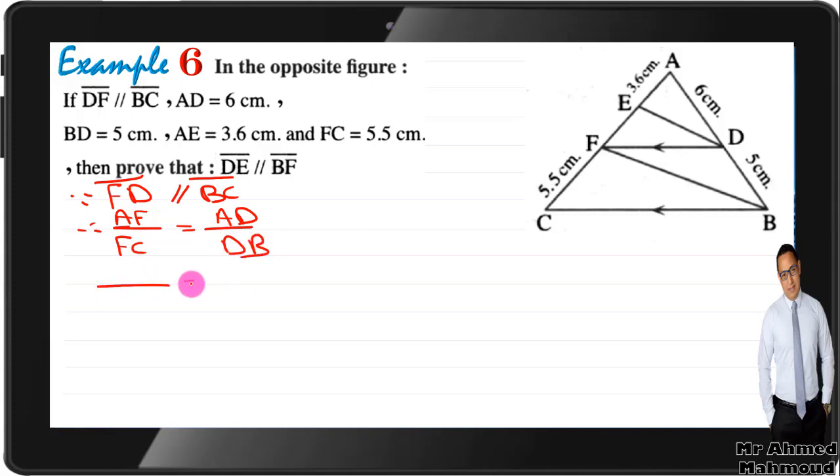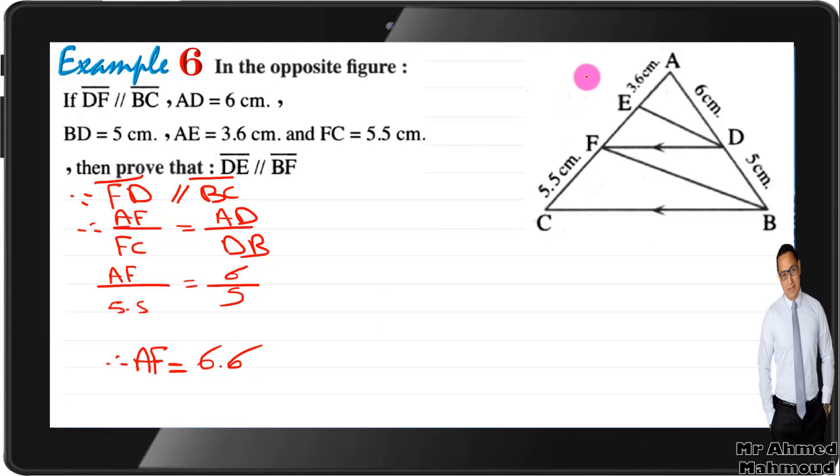Therefore AF over 5.5 equals 6 over 5. Therefore AF equals 6 times 5.5 over 5 equals 6.6.